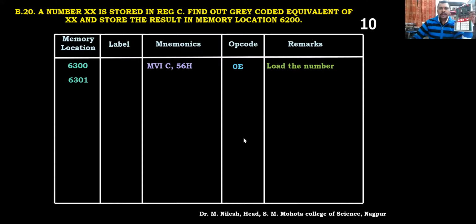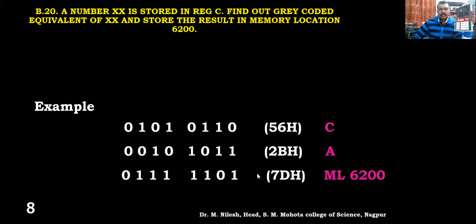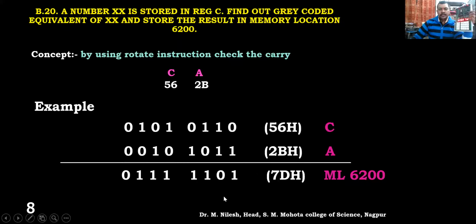We have calculated the output already, and yes, this is the answer. By XORing it, we have 7D hexadecimal as the answer, which is stored in the memory location 6200.